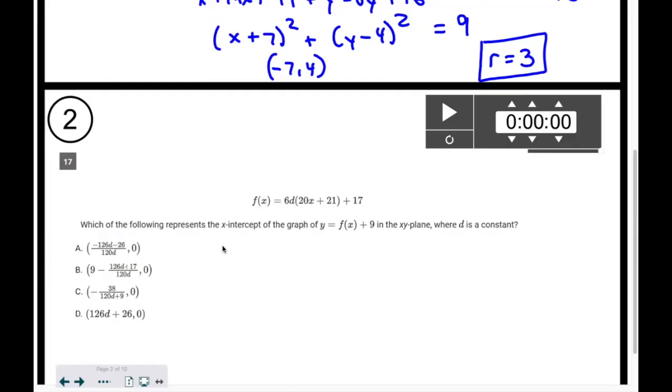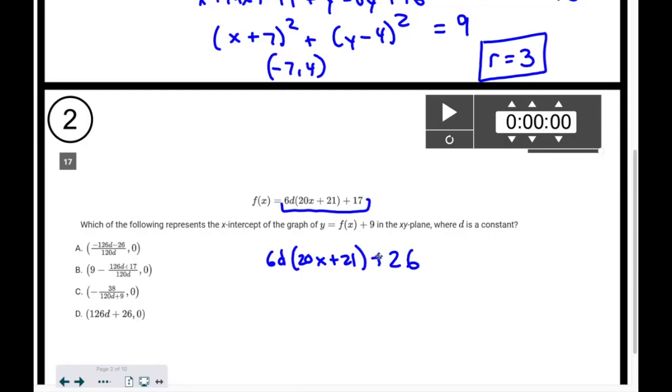So two things that you want to do right away: this whole thing is f of x, and they're asking me a question about that plus 9. So I would just immediately add 9 to this. So I get 6d times 20x plus 21 plus, well, 17 plus 9 is 26. All right, so I would just do that right away because that's pretty straightforward.